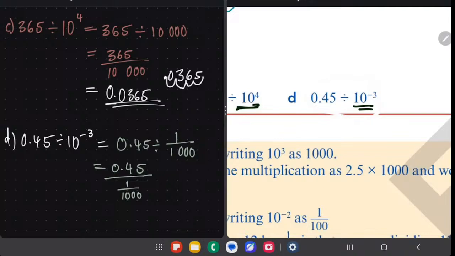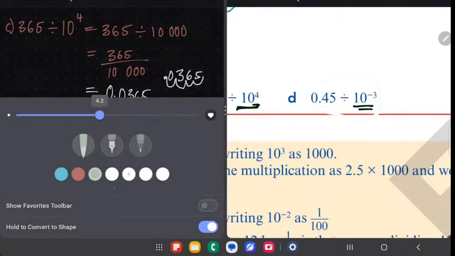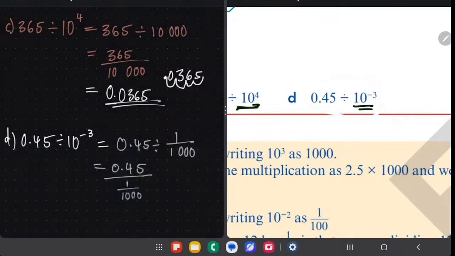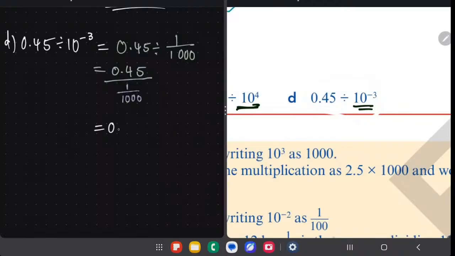Now, there is a rule in maths which says you must never divide by fractions. You are not allowed to divide by fractions. If you are dividing by a fraction, you are going to say 0.45, then you multiply by, you flip the fraction. So when you are dividing by a fraction, you change it to multiply.